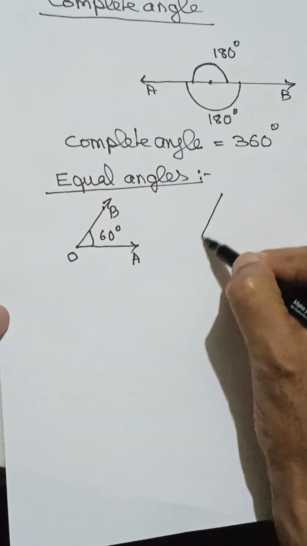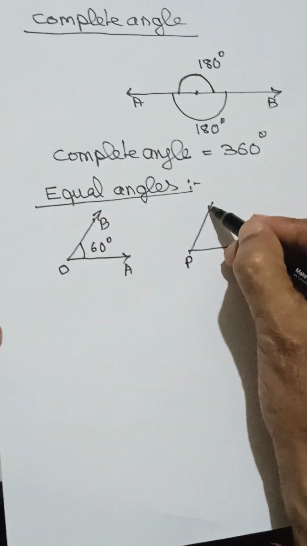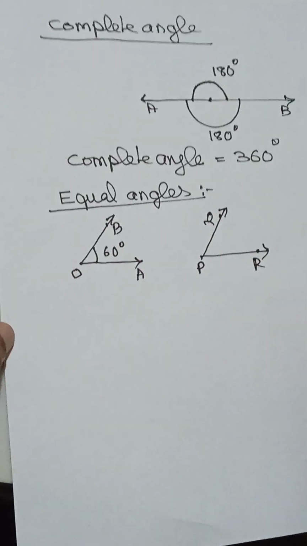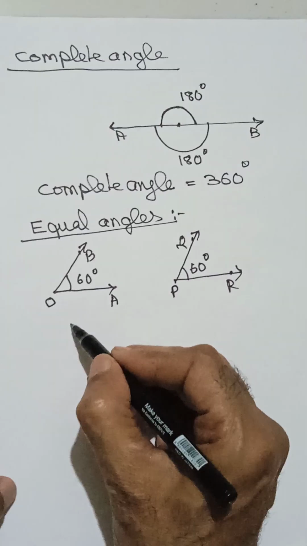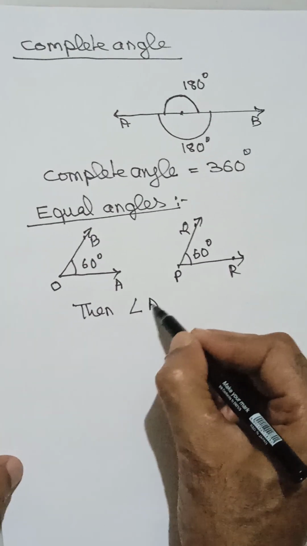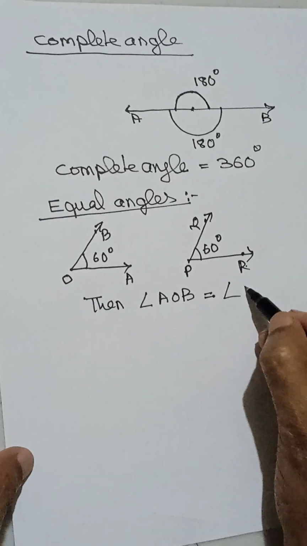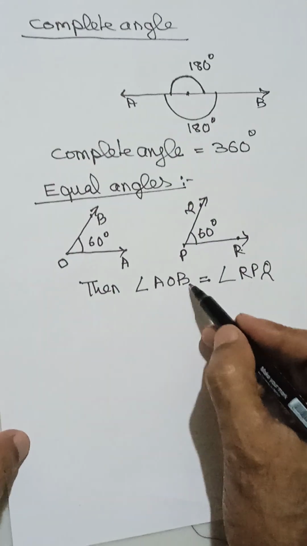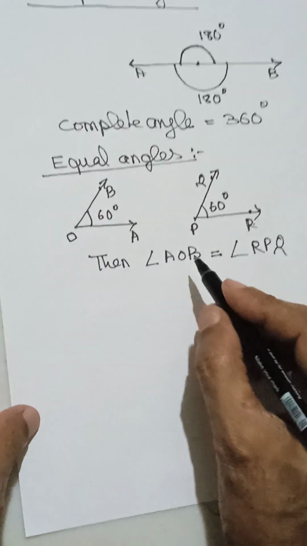Here there is another angle, angle P, here it is Q, here it is R. Suppose it is also 60 degrees, then angle AOB will be equal to angle RPQ, so angle AOB and angle RPQ are equal angles.